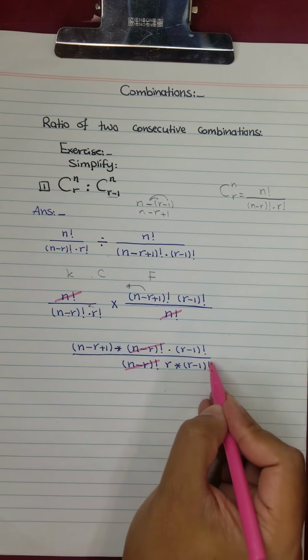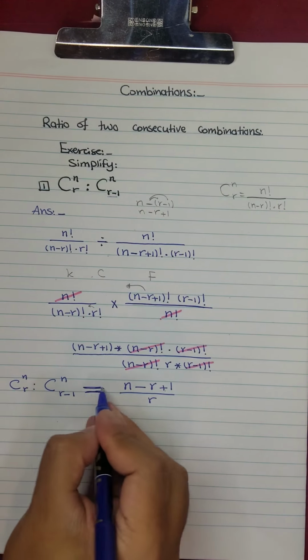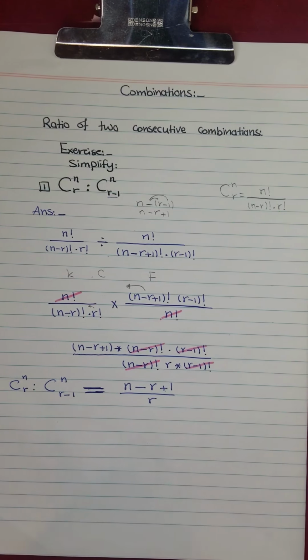So actually, the ratio of combination n r to combination n r minus 1 is equal to this fraction. And this is actually the 5th property, or the 6th property, I'm sorry.